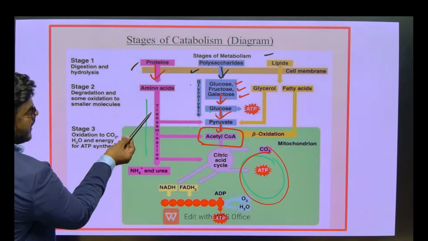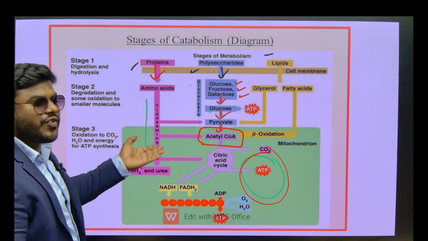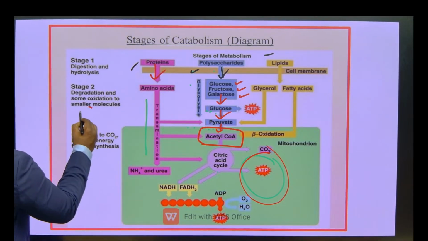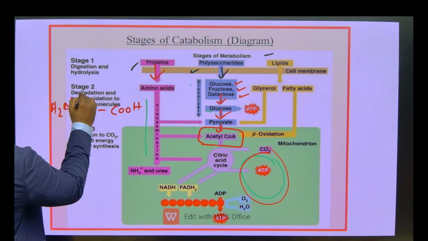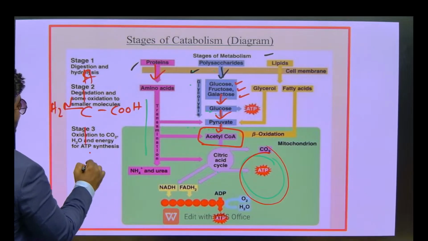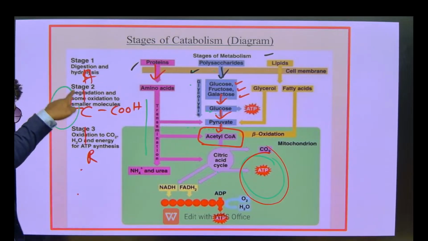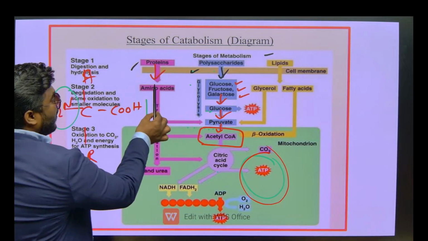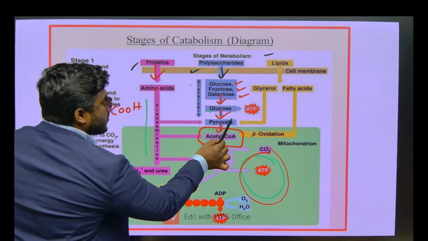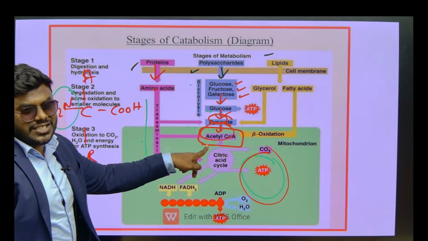The name itself indicates transamination: transfer of amino group. See, this is how an amino acid looks. On the right side carboxyl group, on the left side amino group, one hydrogen and one R group. This is the amine. So transfer of amino group is called transamination. Upon transamination, amino acids also give rise to pyruvate and acetyl-CoA.